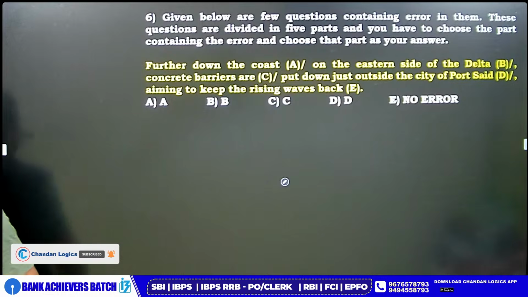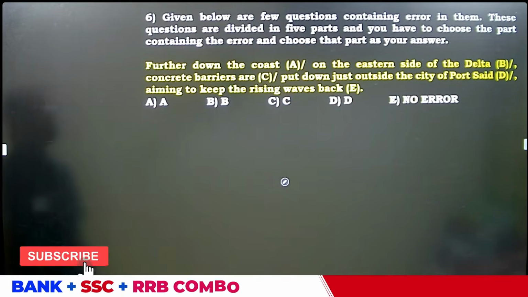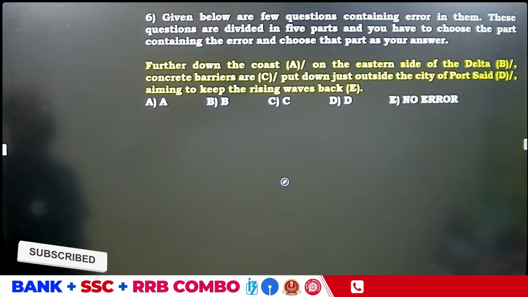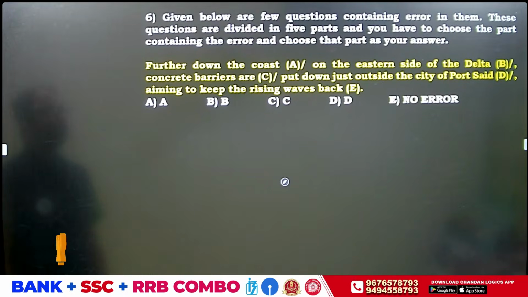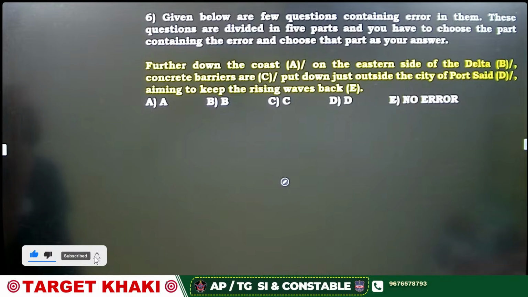Yes, easy sentence. Further down the coast on the eastern side of the delta, concrete barriers are put down just outside the city of Portside, aiming to keep the rising waves back.